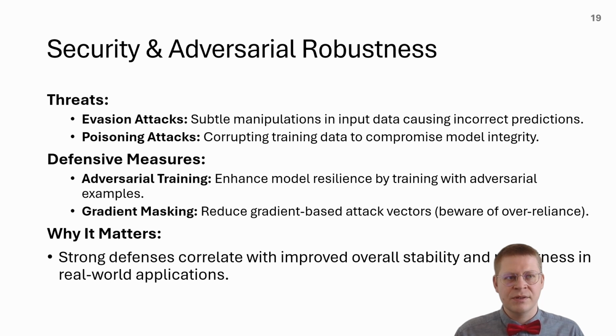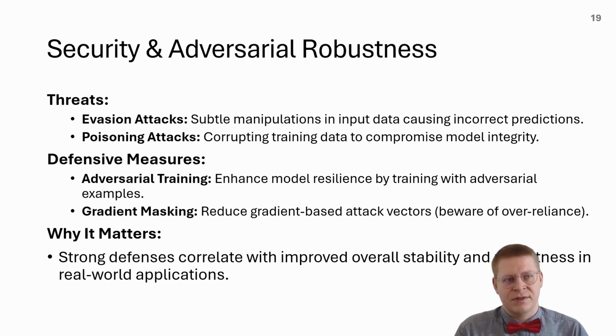Security in machine learning is not just about ensuring system functionality. It's about anticipating and defending against threats. Let's start with evasion attacks. This involves manipulations in the data, like changing just a few pixels in an image, which can completely fool a classifier.